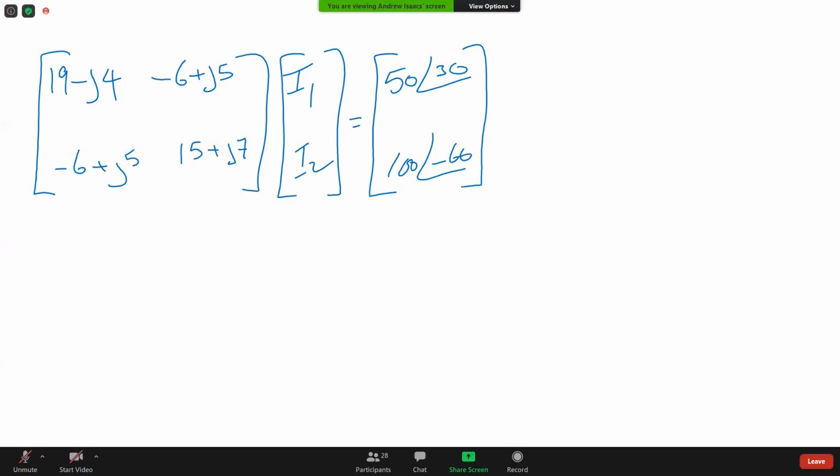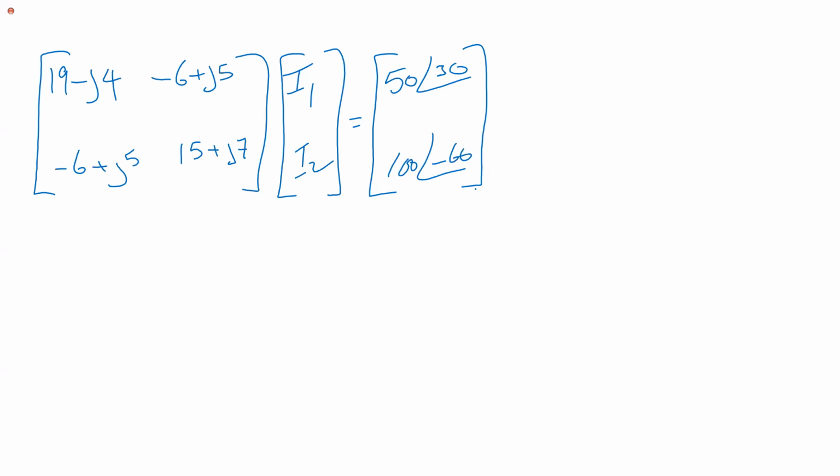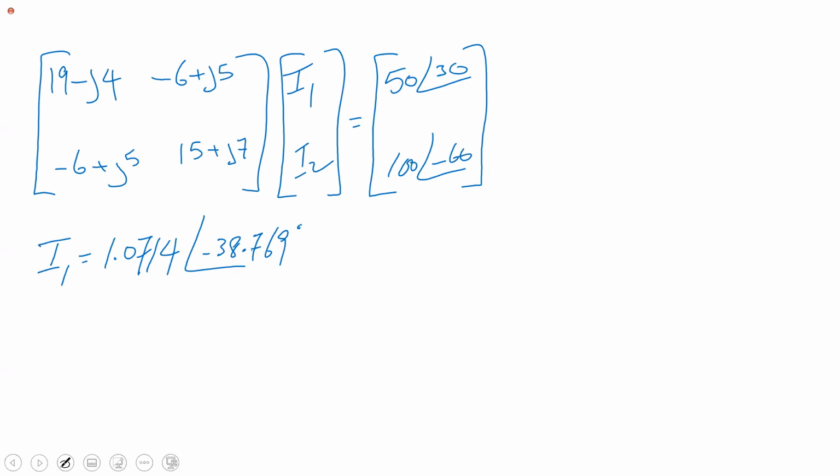All right. What do you have for I1 and I2 now? I1 was 1.0714 angle minus 38.769. Well, I suppose we don't need I2, right? Correct.